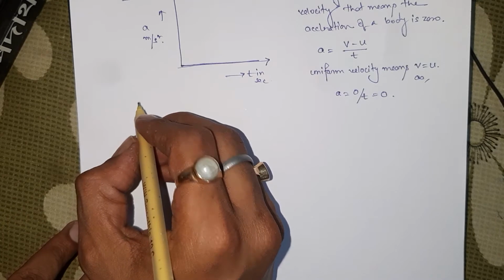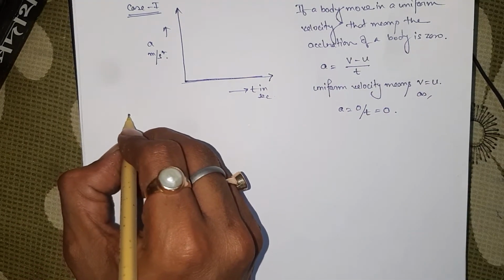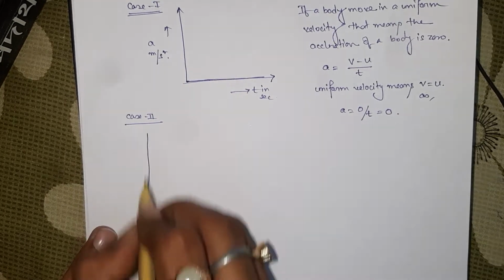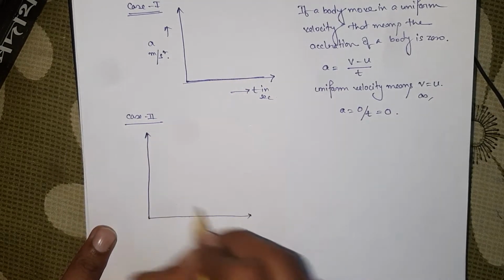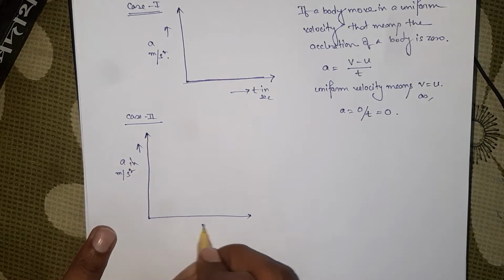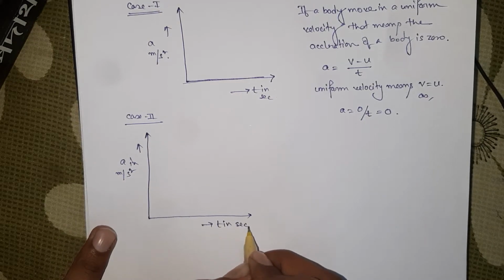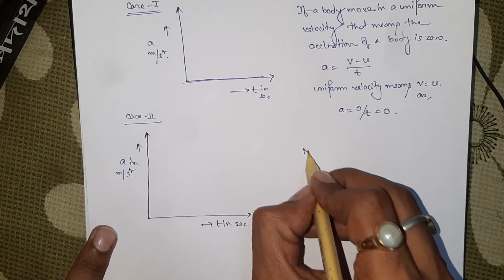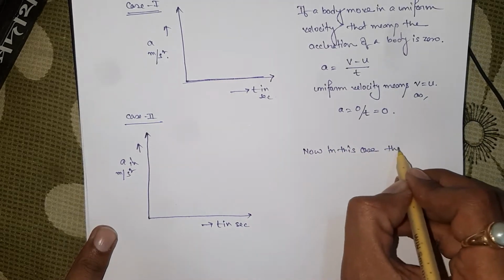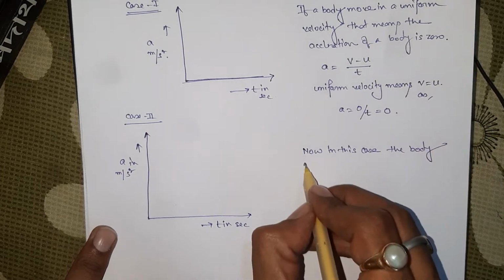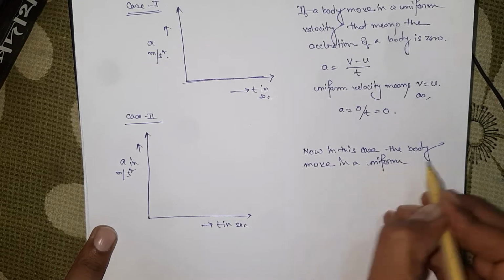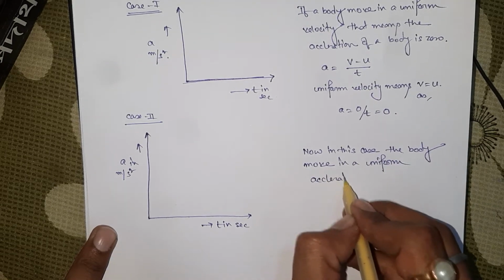এবার আসছি কেস 2। Acceleration in meter per second square, time t in second. It is a, now in this case the body move in a uniform acceleration.